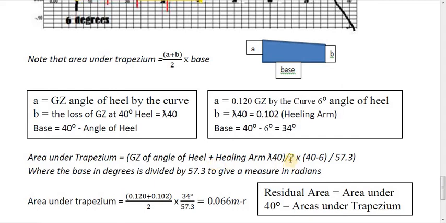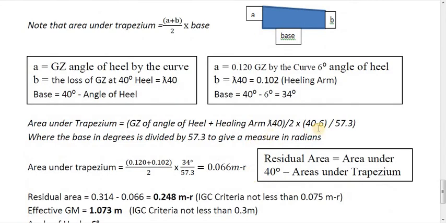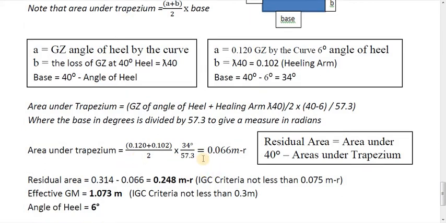The sum is divided by 2, then multiplied by the base, which is 40 minus 6, that is 34 degrees, and converted to radians by dividing by 57.3 degrees per 1 radian. And this is now the calculation, guys.